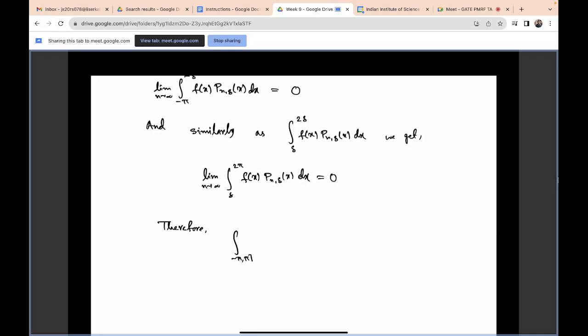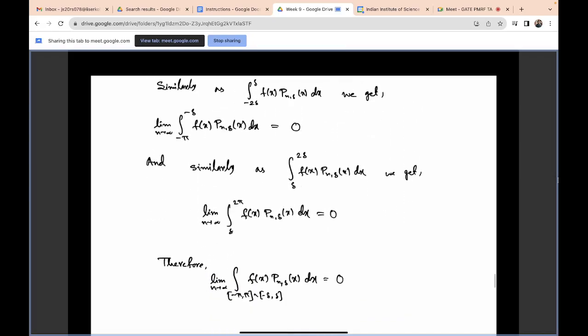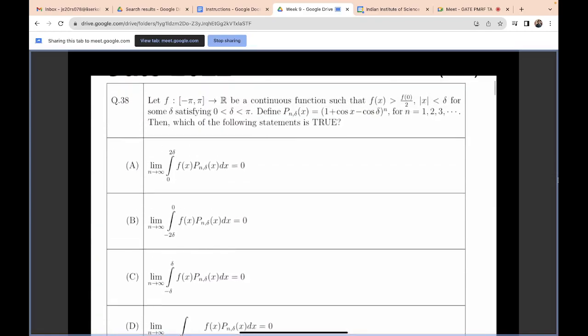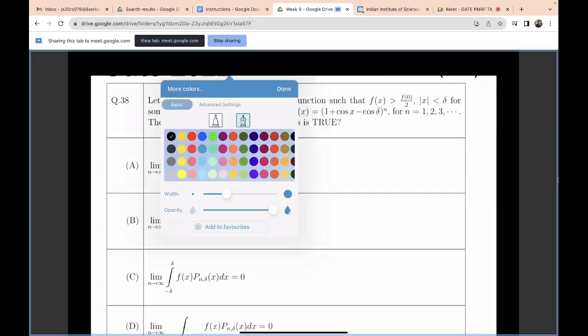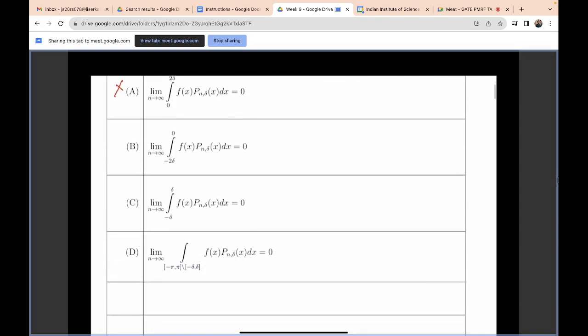Therefore, for minus pi to pi excluding minus delta to delta, limit n tends to infinity of f(x) p_n,delta(x) dx, because both parts go to 0, the overall integral will be 0. So what we have got is that option A is not correct, because we have shown from 0 to delta the range is infinite, so option A is false.